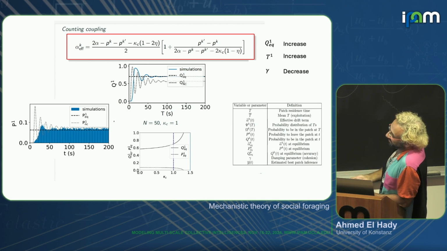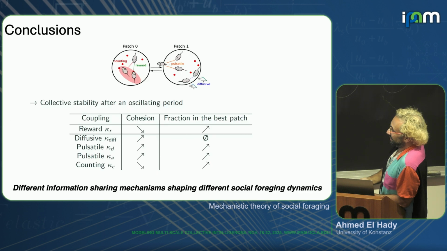We increase this counting coupling, but as we increase it, we increase the equilibrium probability of being in the rich patch, which is patch 1, and decrease the leaving probability from this patch because they are inverse to each other, of course.